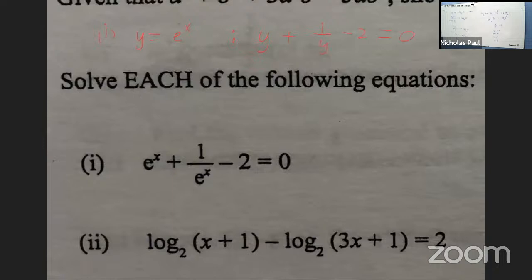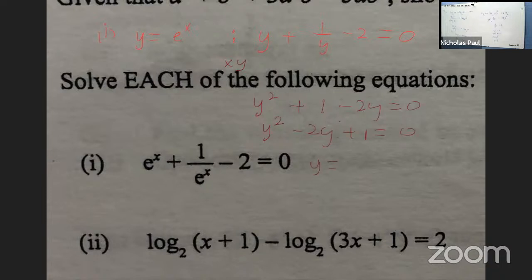We do like this fraction, so we can multiply everything by y, and you'll get y squared plus 1 minus 2y is 0. This is a quadratic, and you get y to be what?